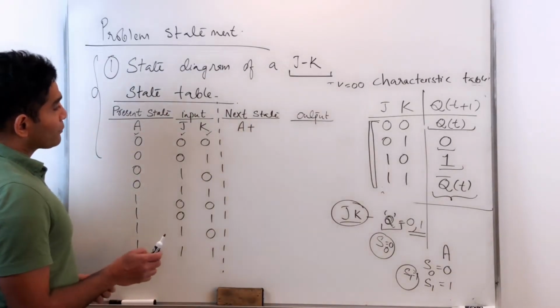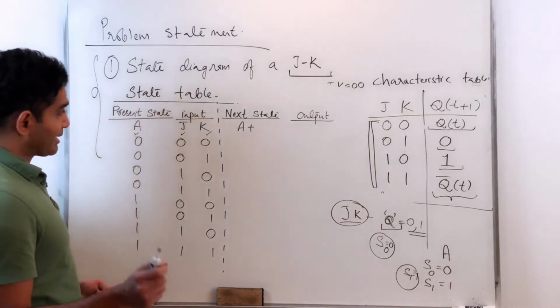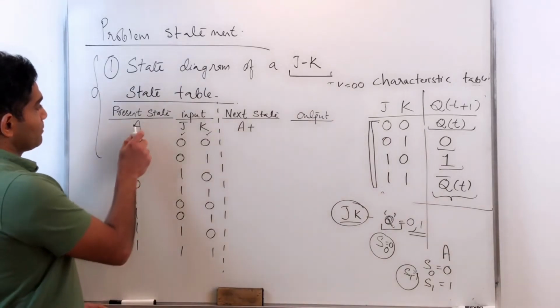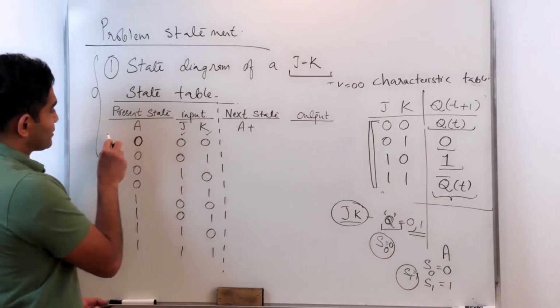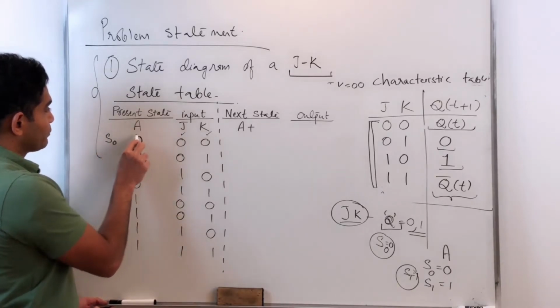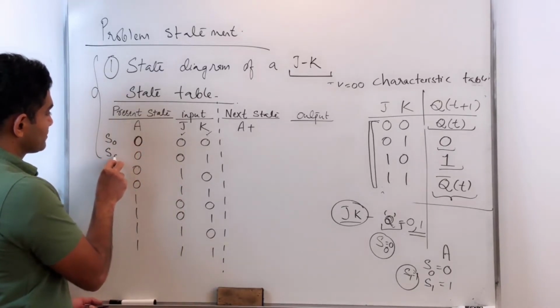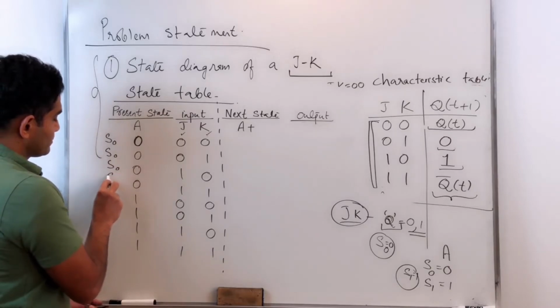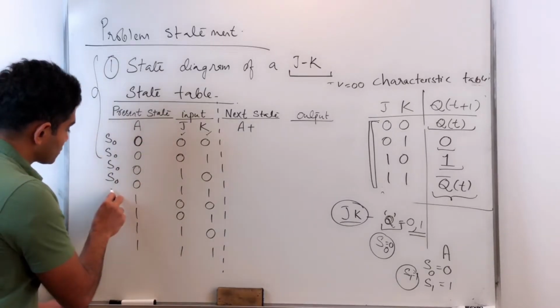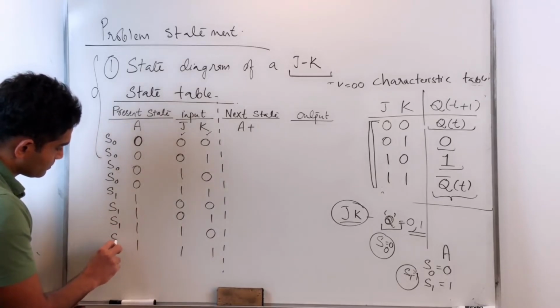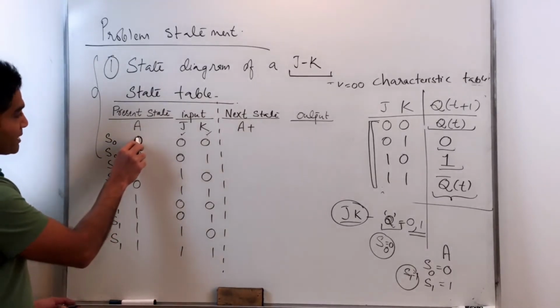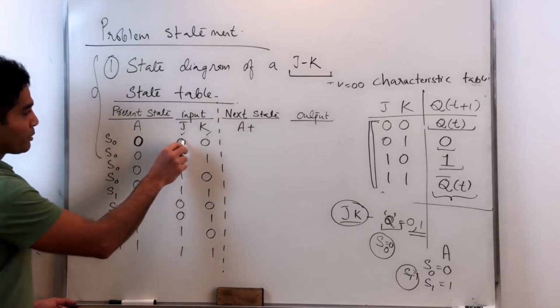Okay, so now you refer back to your state diagram. A equal to 0 corresponds to S0 state. A equal to 1 corresponds to S1 state. So I'm in the S0 state and an input of 0, 0 occurs.